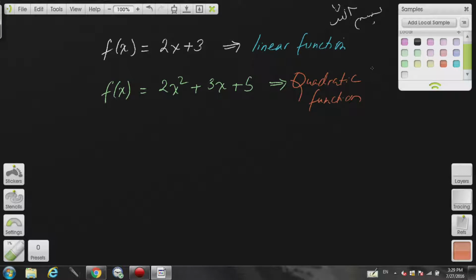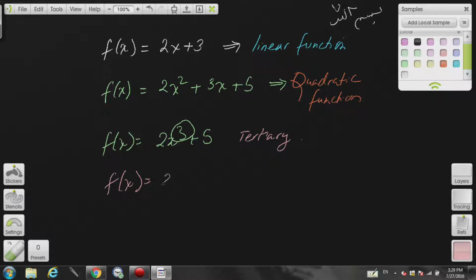Okay? Now, if you were curious, 2x cubed plus 5, the third degree, is a tertiary function. Okay? And if you're curious, an example of it is a quartic function, for quartic. Okay? So linear, quadratic, tertiary, quartic. I don't know if the other ones have any names. If they do, I do not know.